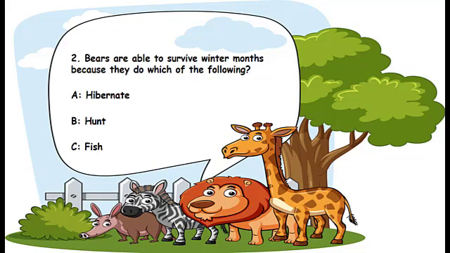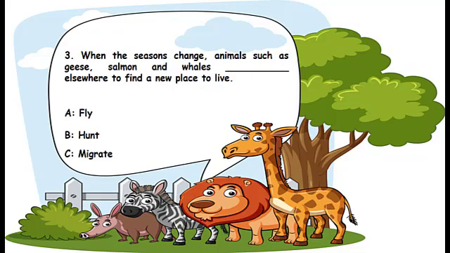Hibernate, hunt, fish. The answer is hibernate. When the seasons change, animals such as geese, salmon, and whales dash elsewhere to find a new place to live. Fly, hunt, migrate. The answer is migrate.